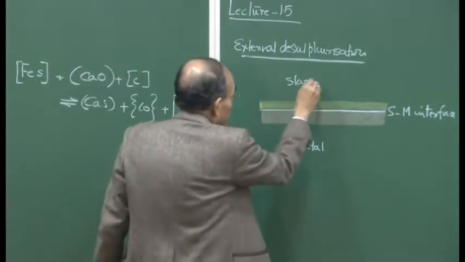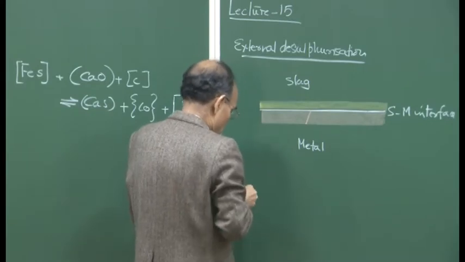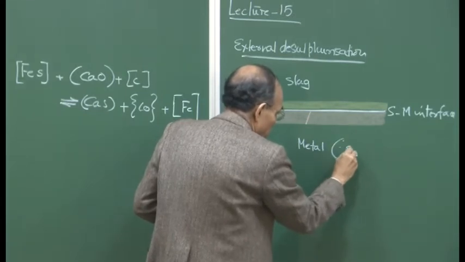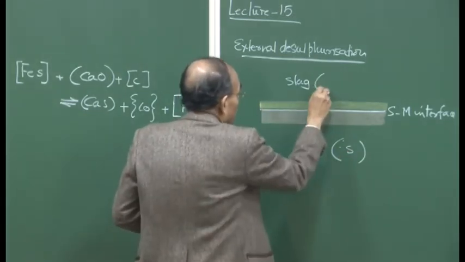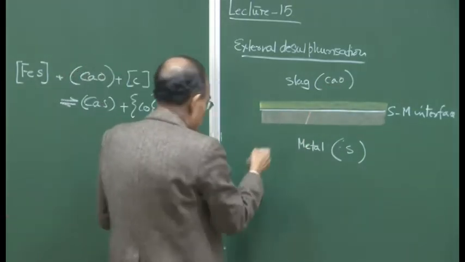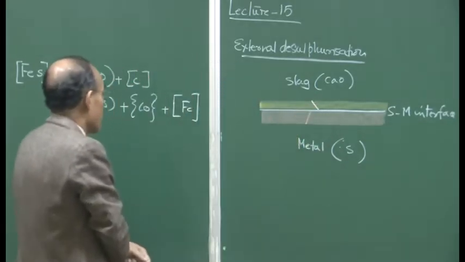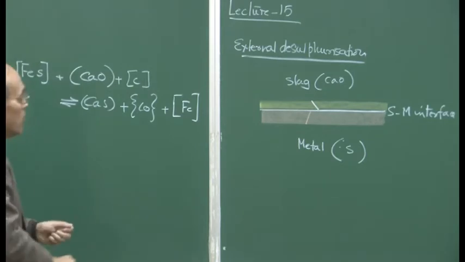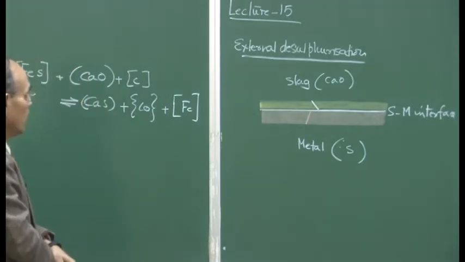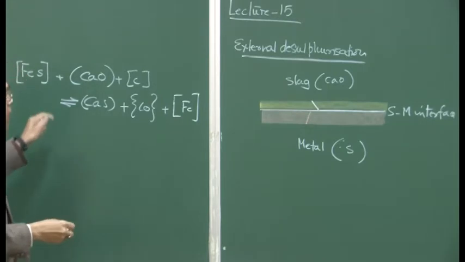Similarly, calcium oxide which is there in the slag phase. So, the slag contains calcium oxide, metal contains iron sulfide. So, here we have sulfur, and here we have calcium oxide. And similarly, from the slag, calcium oxide is transported to the interface, and also if you assume that carbon is there everywhere, the transport of carbon should also be there, and then we have the reaction.